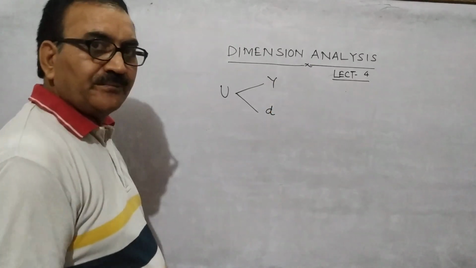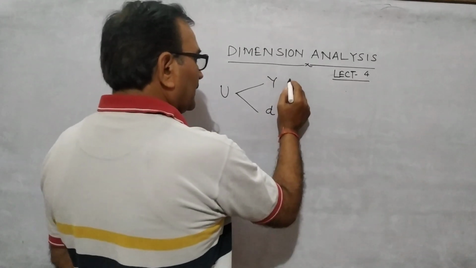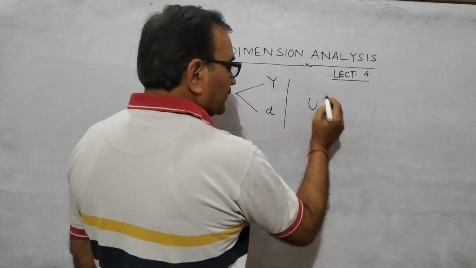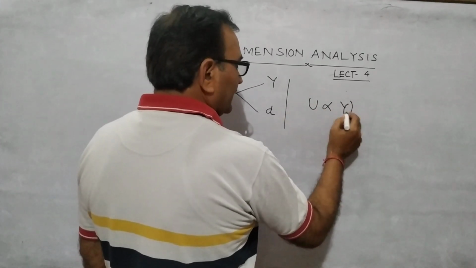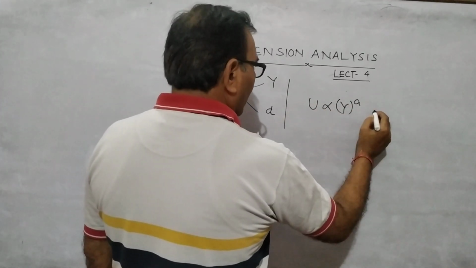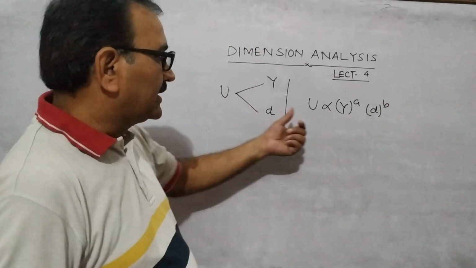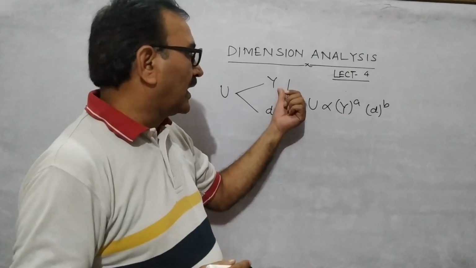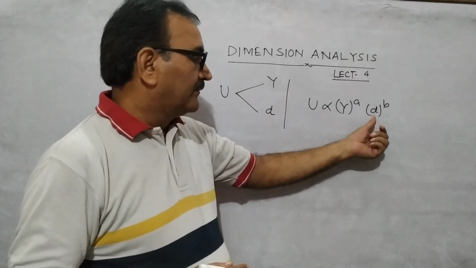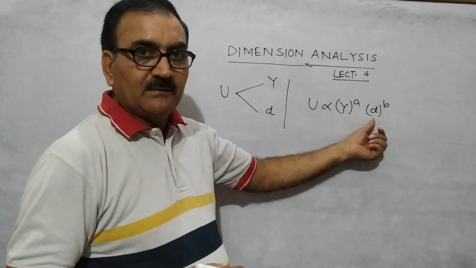First of all, you have V proportional to Y to the power a and D to the power b. Write the statement: let the velocity V depend on Y to the power a and D to the power b.